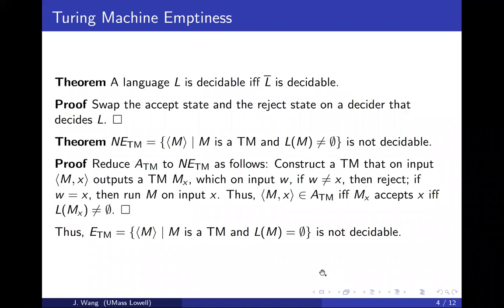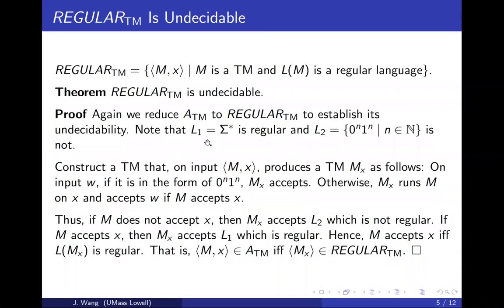Okay, so next we're going to see an undecidable language that's related to regular languages. We call it regular sub TM. This is similar to A sub TM, but here we want to know that L of M is a regular language.